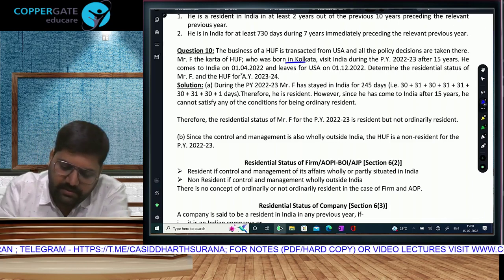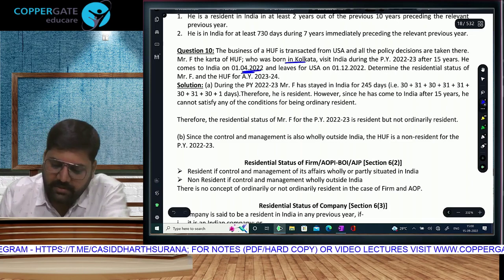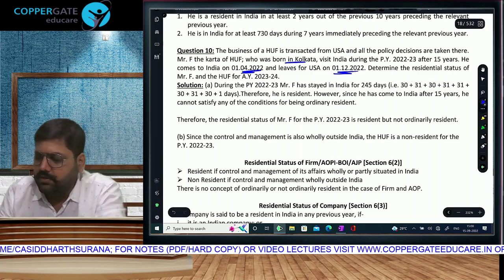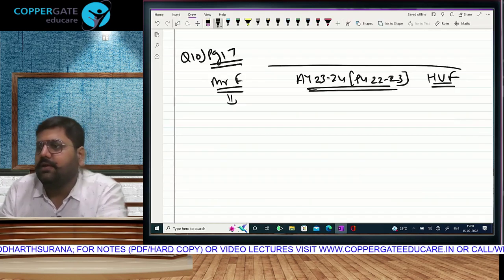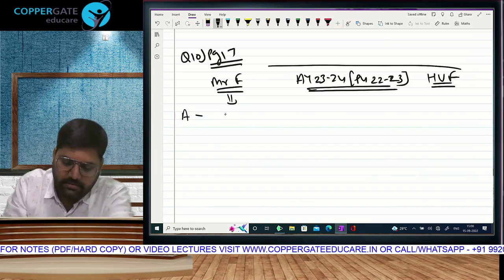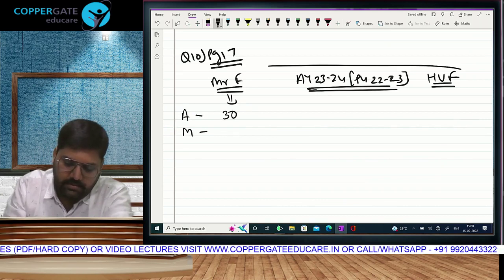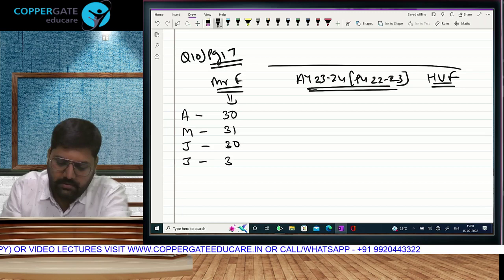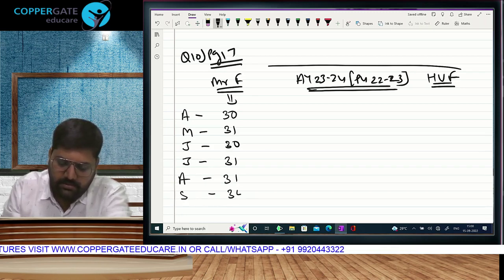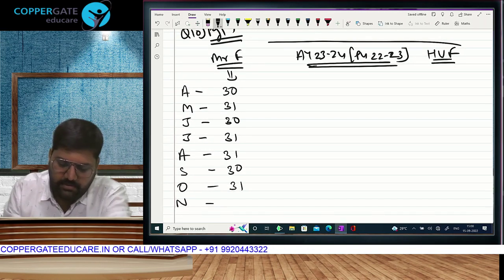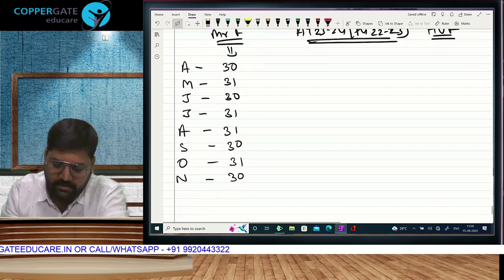He comes to India on which date? 1st April 22. That's the first day of the year. And leaves on 1st December. That means in 22-23, his stay will be from 1st April to 1st December. Let's start counting. April 30, May 31, June, July, August, September, October, November, and December.